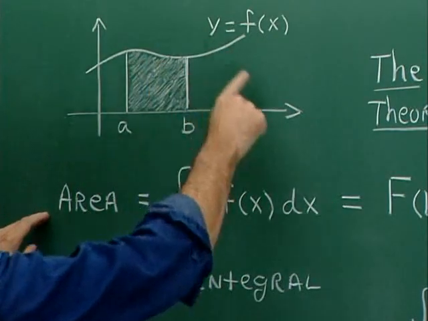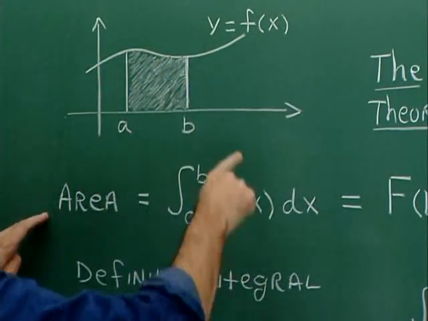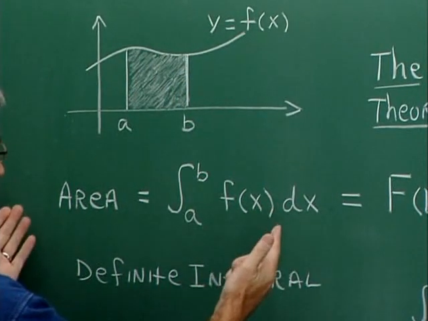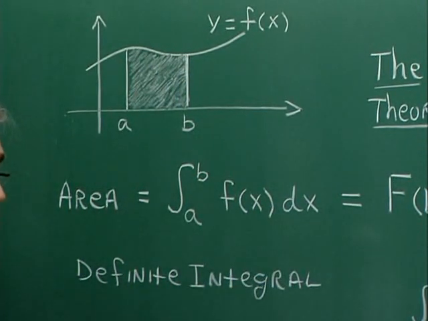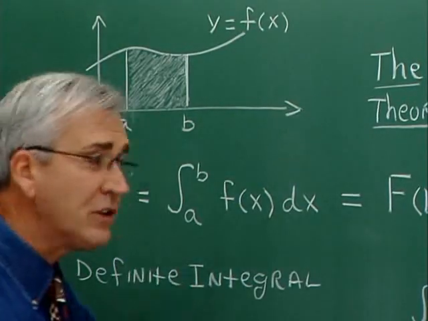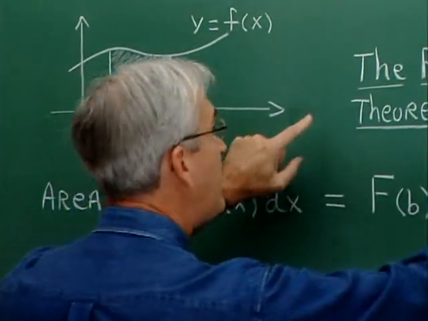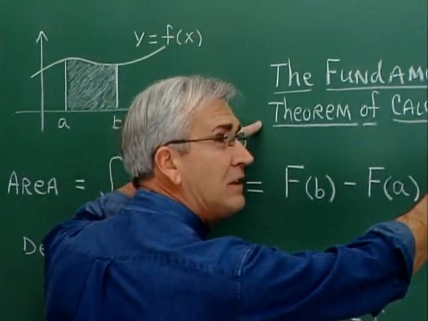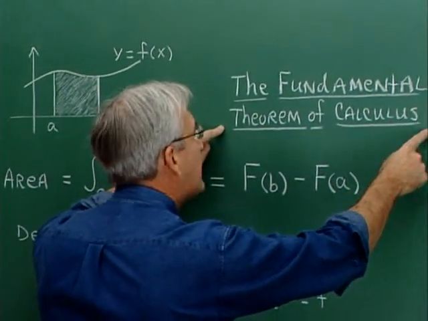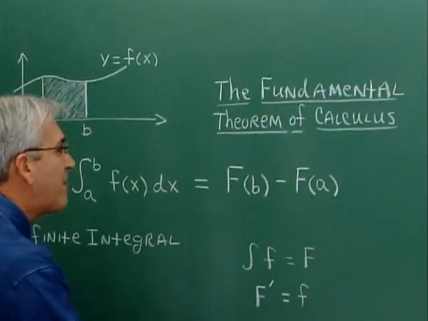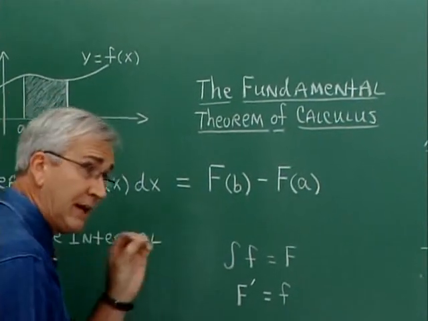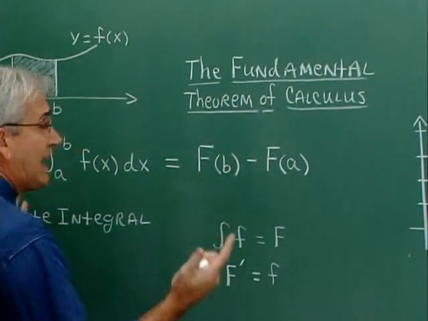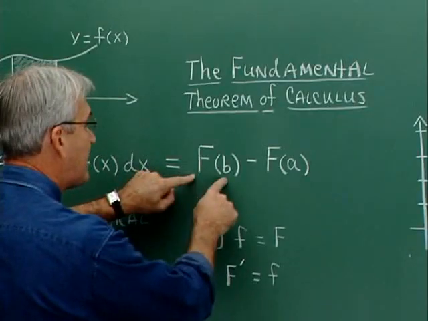So this is our interpretation for a definite integral. Now this doesn't say anything about how to calculate it, but the method of calculation is given by a rather auspicious sounding theorem, the fundamental theorem of calculus. Wow. And it is this: we find this definite integral by making a simple calculation of F of b minus F of a.